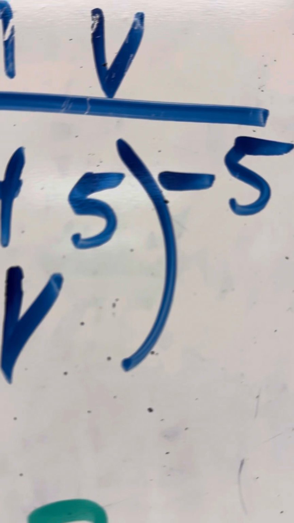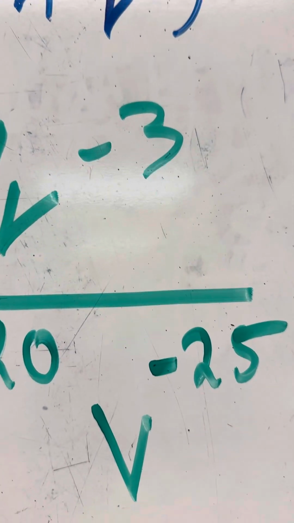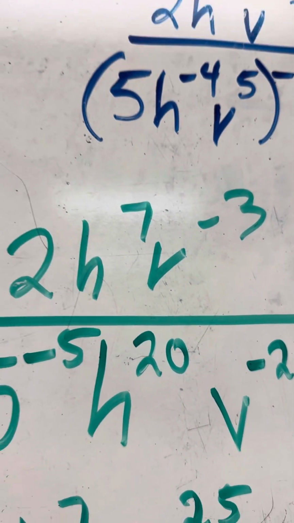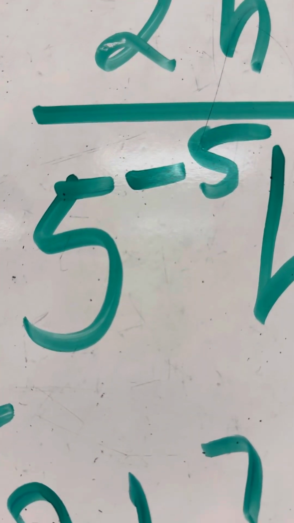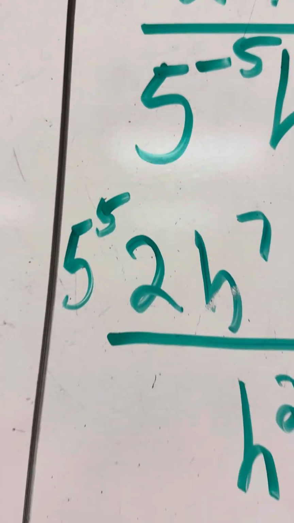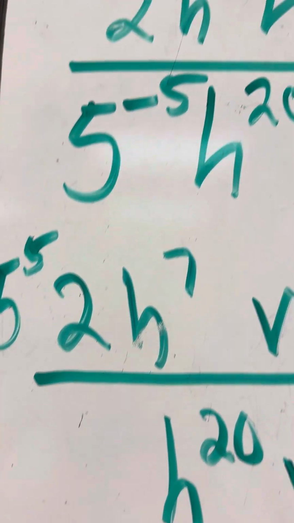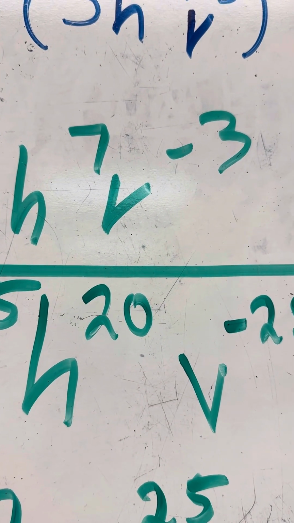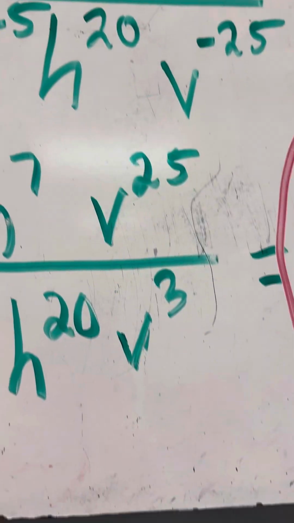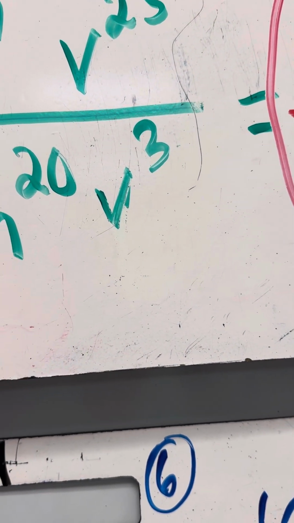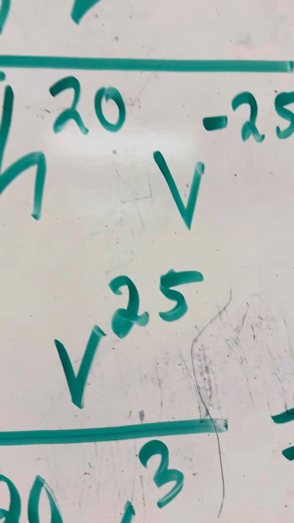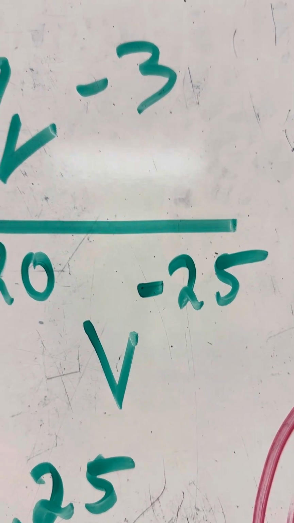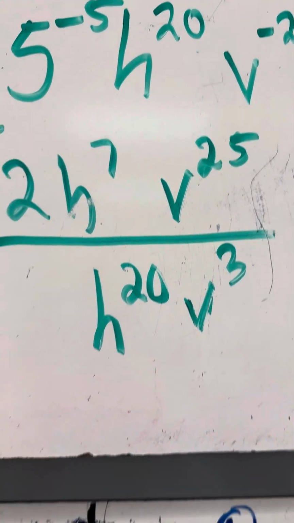And what's 5 times negative 5? Negative 25. Okay? So now, I'm going to take 5 to the negative 5 and move it to the top, make it 5 to the 5th. I'm going to take v to the negative 3rd and move it to the bottom and make it v to the 3rd. Okay. I'm going to take v to the negative 25th and move that to the top and make it v to the 25th.